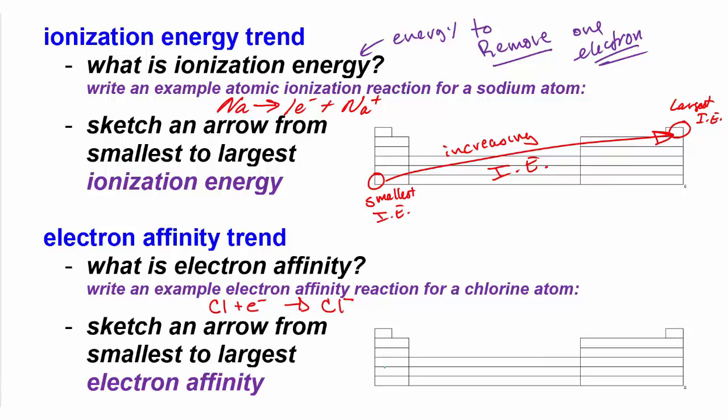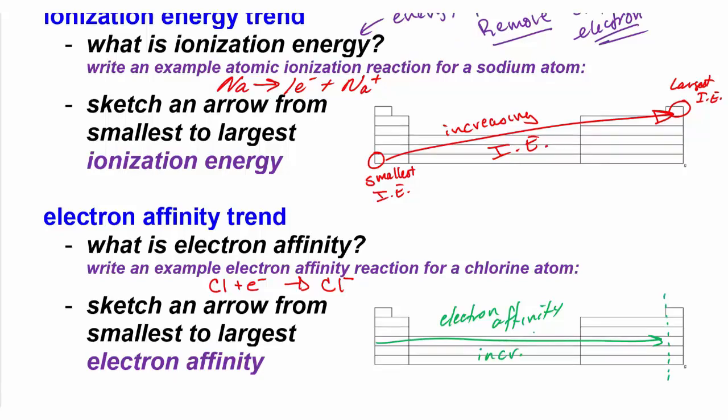So for electron affinity, it increases going this way. We pretty much stop right at the nobles. So here, electron affinity increases, going from left to right across the periodic table.